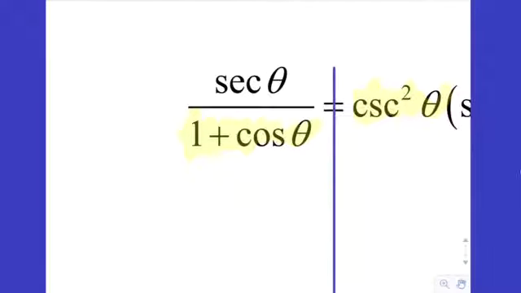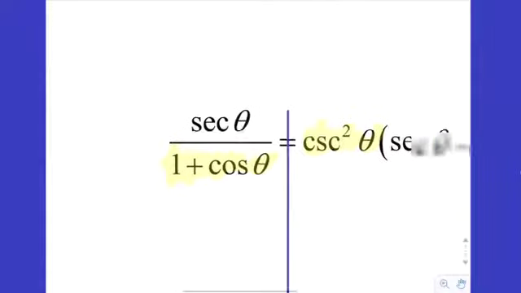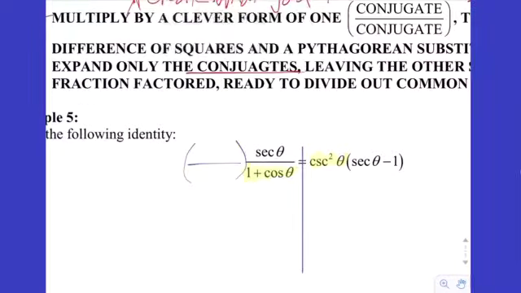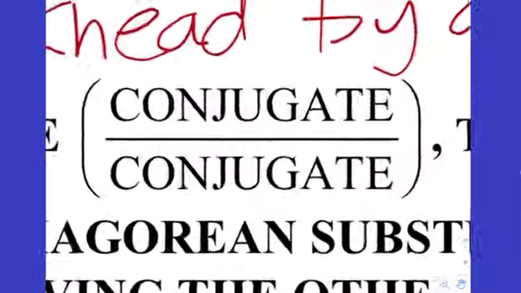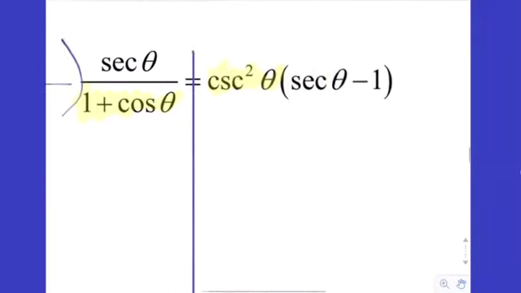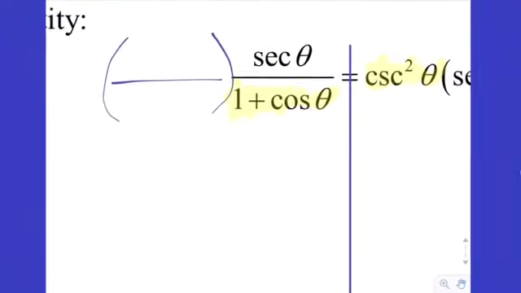So what could I do? What could I multiply by to make that into a 1 minus cosine squared? What was our strategy from the very previous problem? Conjugate over the conjugate. Absolutely. So whenever you see a number like a 1 in conjunction with the trig function, added or subtracted, a conjugate over a conjugate is a good thing to try.